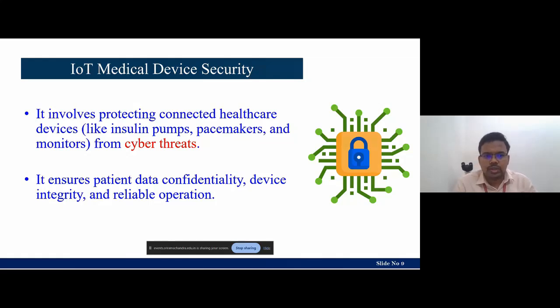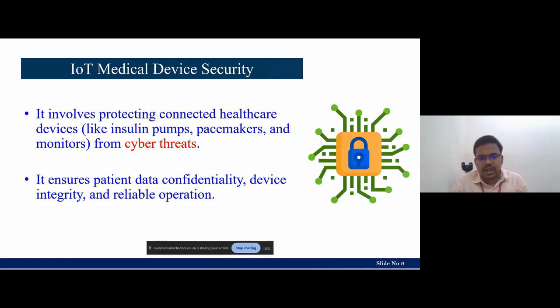Now we'll move on to IoT medical device security. It's something like cyber security, but it's a process, a procedure to protect connected healthcare devices like insulin pumps, pacemakers, and ICDs. Those are devices that are connected to the internet and keep sending data to the server.